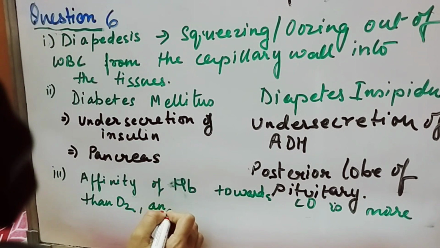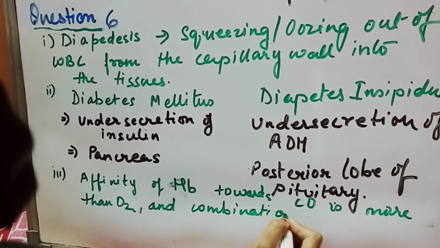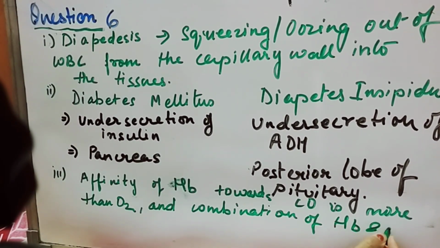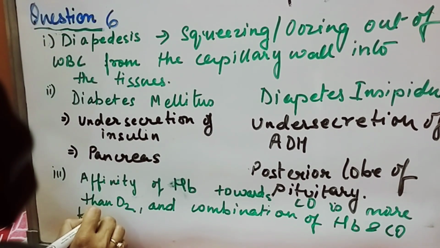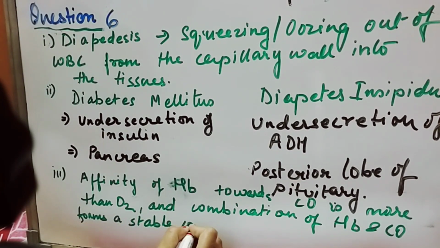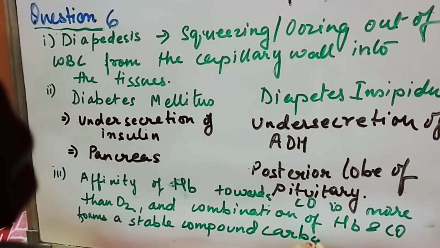And combination of hemoglobin and CO forms a stable compound carboxyhemoglobin.